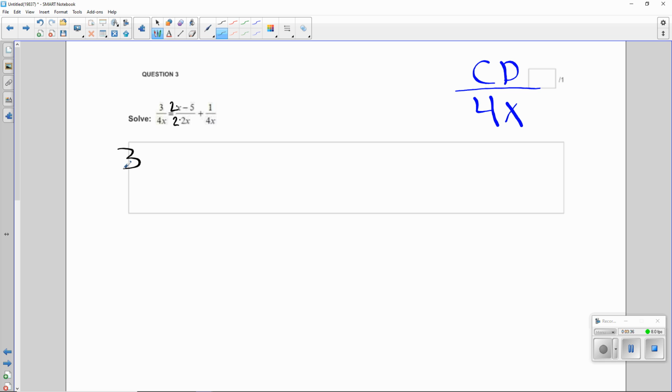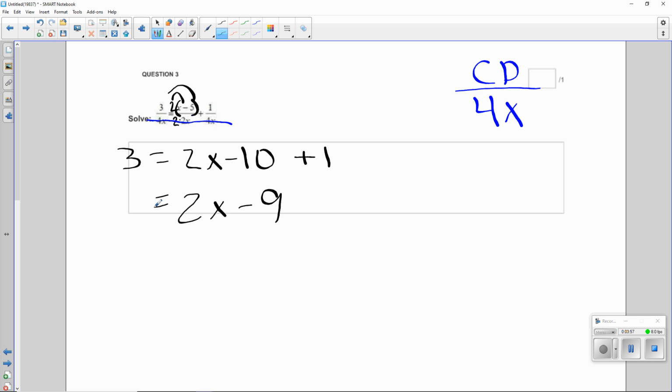So I end up with 3 equals, you need to distribute the 2 at the top, 2x minus 10 plus 1. And since all of the denominators are now 4x, I can mark out all the denominators.